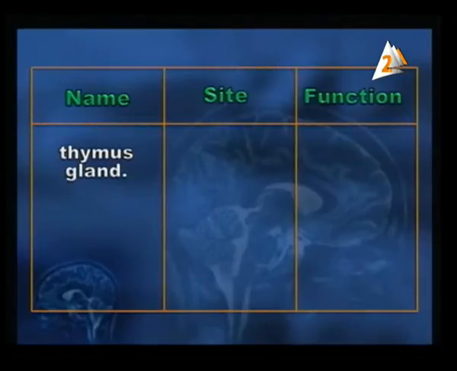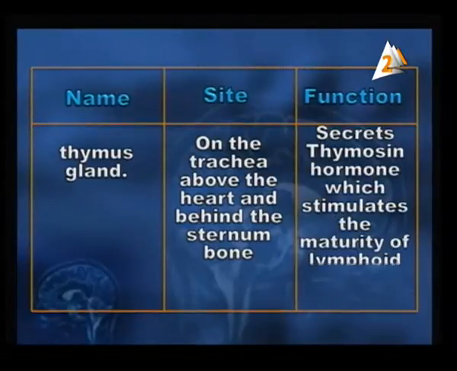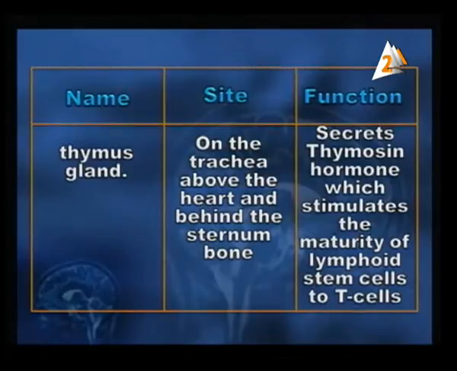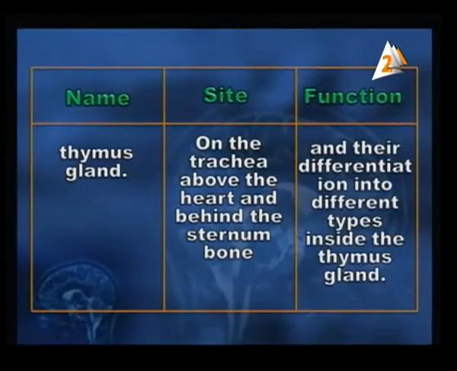Second one, the thymus gland. Site: on the trachea above the heart and behind the sternum bone. Function: secretes thymosin hormone, which stimulates the maturity of lymphoid stem cells to T cells and their differentiation into different types inside the thymus gland.